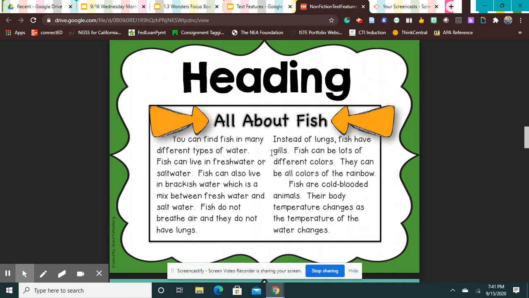If you look at the header, it'll give you a clue. If there was a question about what a fish eats, and there was a header that said fish diet, you would know, oh, diet means what they eat. I'm going to look under this header, and that's probably where I'm going to find my answer. So headings or headers are very important for you to be able to identify the different chunks of information in expository text.